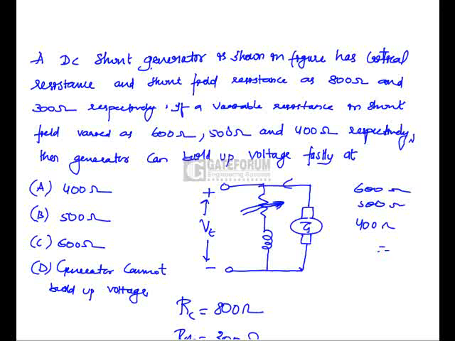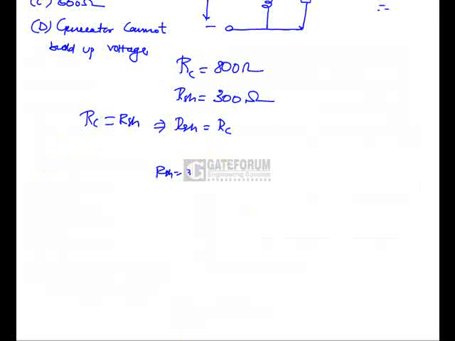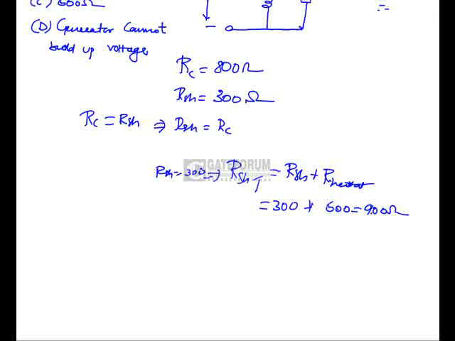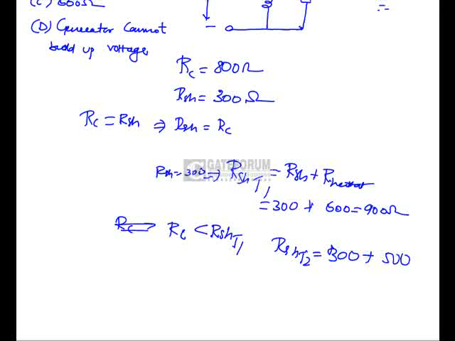Now we know shunt field resistance RSH is equal to 300 ohms. Now what is total shunt resistance? RSH plus rheostat resistance. So this is 300 plus 600, first he varied at 600. This is equal to 900 ohms. So RC is less than RSH T1. Now what is RSH total resistance the second time? This is 300 plus 500 ohms, so this is 800.